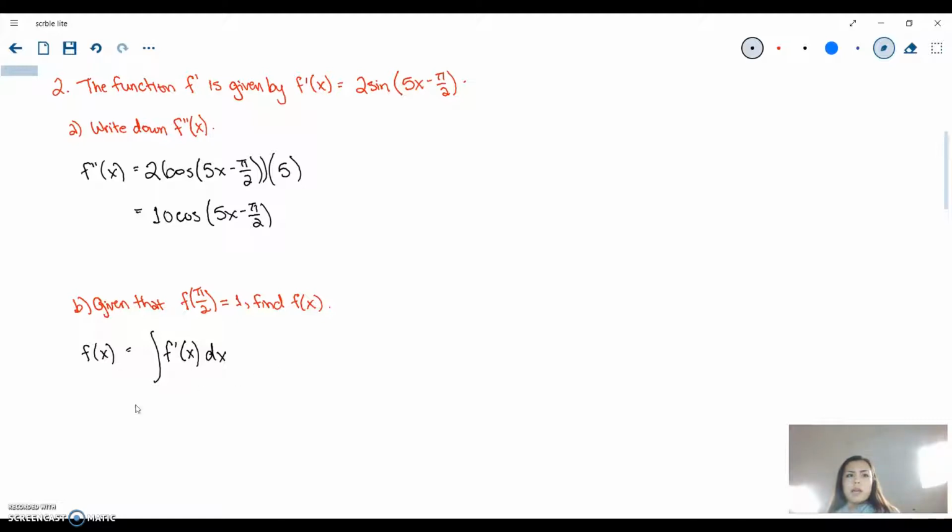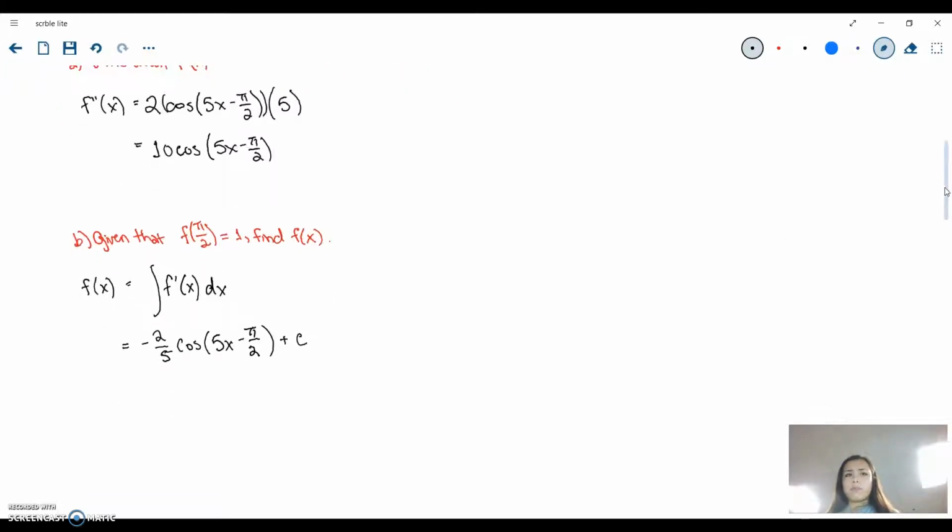So that equals negative 2 over 5 cosine 5x minus pi over 2, which is what we have right here, plus c. And the reason we do plus c is because the derivative of x plus 2 is the same as the derivative of x plus 3, because the c portion is a constant. So there's no derivative of that.